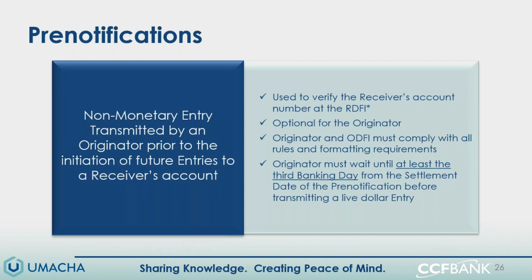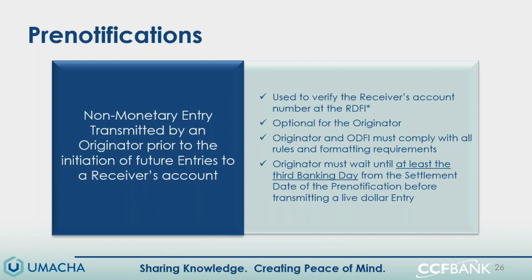So it's used to verify that a receiver's account number is a valid account number at the receiving institution. It does not necessarily verify account ownership. So it's not necessarily going to check the name on the account versus the name on the entries. There are some institutions that do that, but it's not guaranteed.